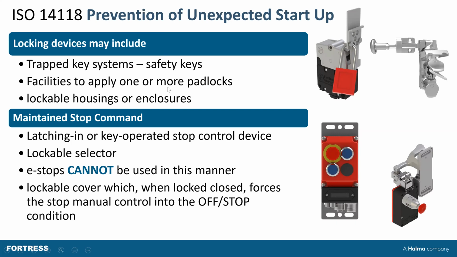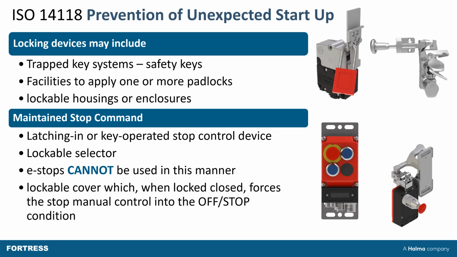So as I said, personal control, giving that person that control over it, and then maintain stop commands using key operated stops or latching. Basically, locking is a key part of this, and making sure that that gate cannot be shut and the machine cannot be restarted until the person who's gone in has come out and is happy with that. So yeah.